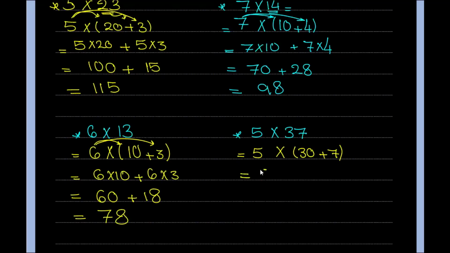So the answer now will be 5 times 30 plus 5 times 7. 5 times 30, I will put 0 out. 5 times 3 equals 15. 5 times 7 equals 35. After that, I will add them. So the answer now will be 185.